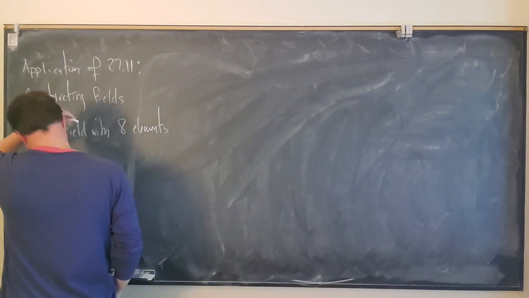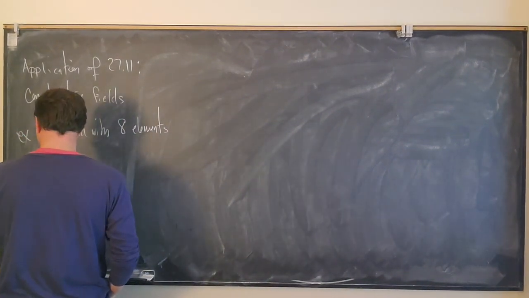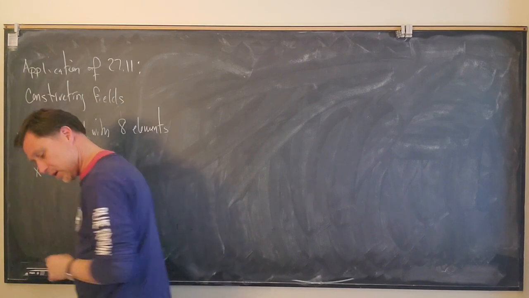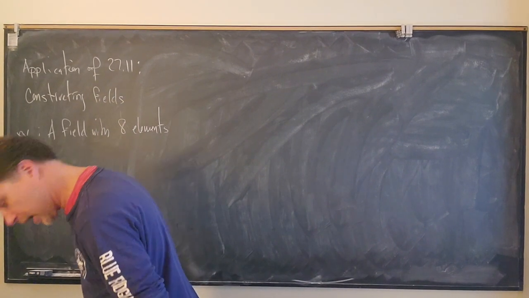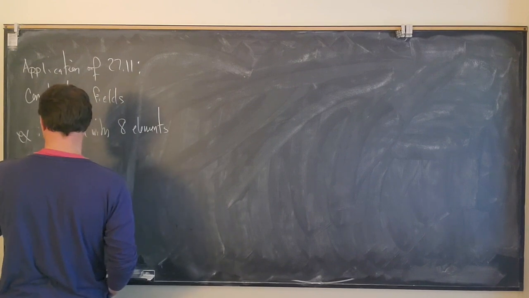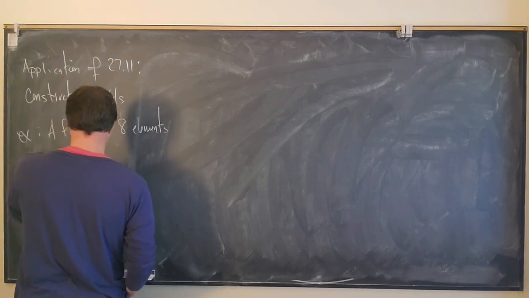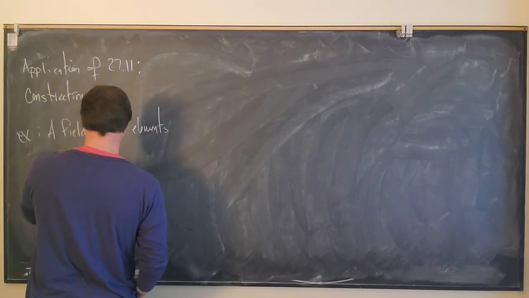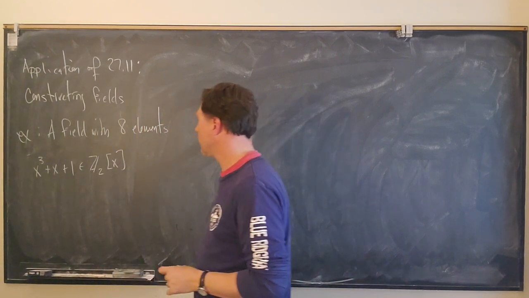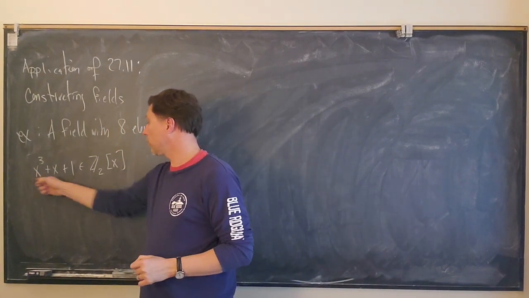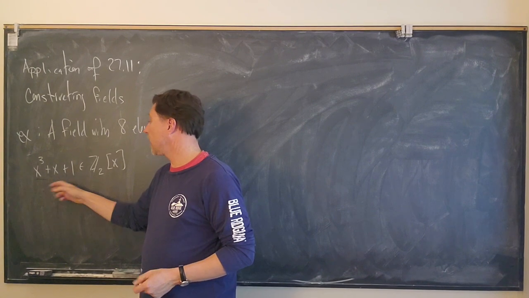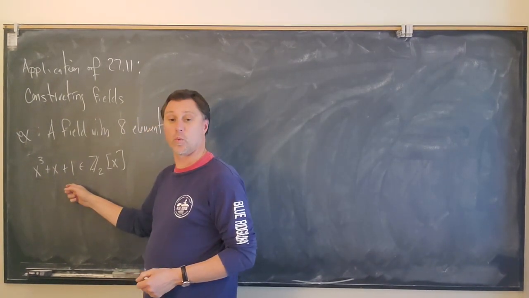So it goes like this. What we first want to do is look at the polynomial x cubed plus x plus 1, living in Z_2[x]. Now, if I take 0 and plug it in, I get 1. If I plug 1 in, I also get 1.